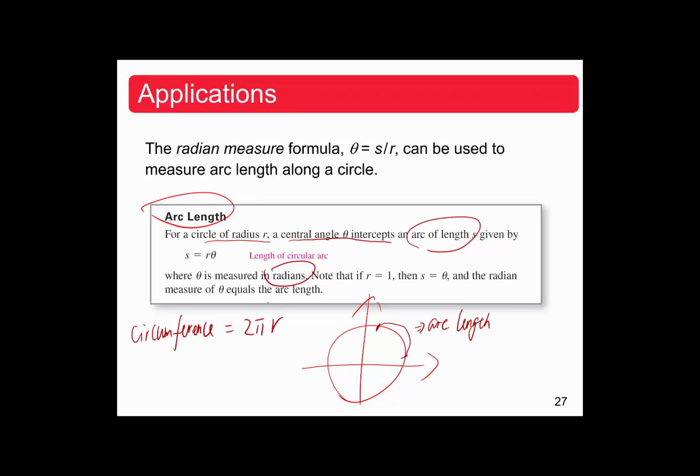And we know that 2 pi here is a radian measurement. Now we know that arc length is partial circumference, so that means theta must be expressed in radian measurement.